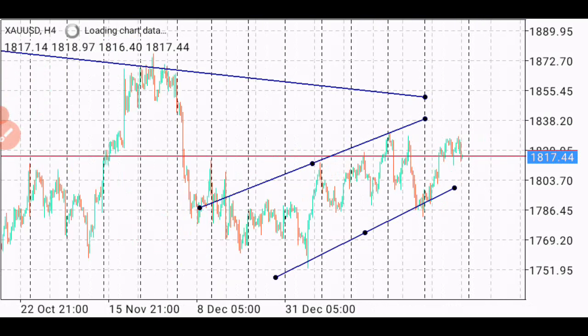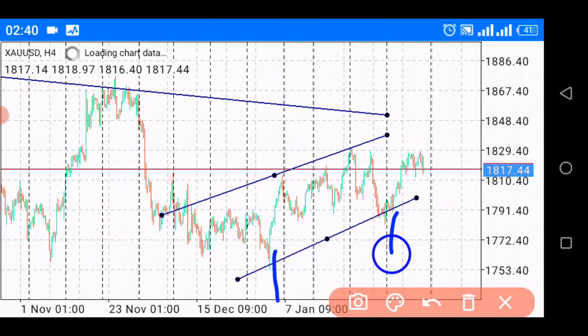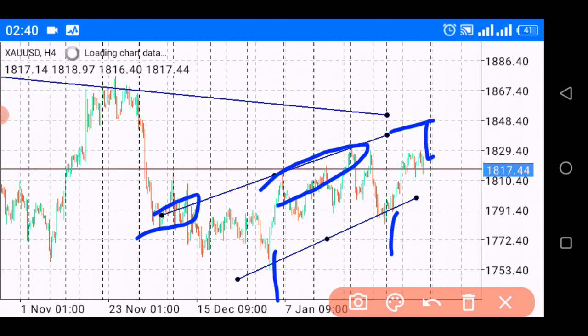If you look at this pattern here, you have the first touch, second touch, and here is our first touch, here is our second touch. You're probably expecting the third touch to be around here, and then we expect a breakout if it is a channel, and if it's just an uptrend we expect it to.